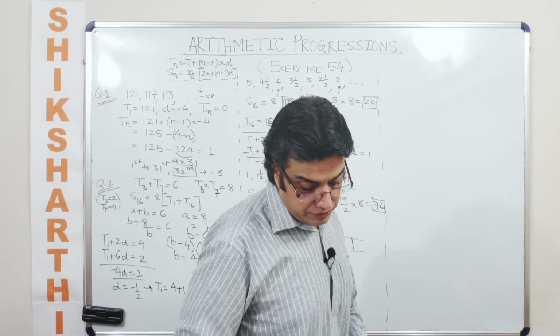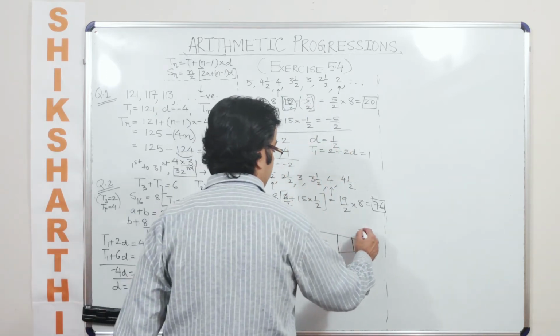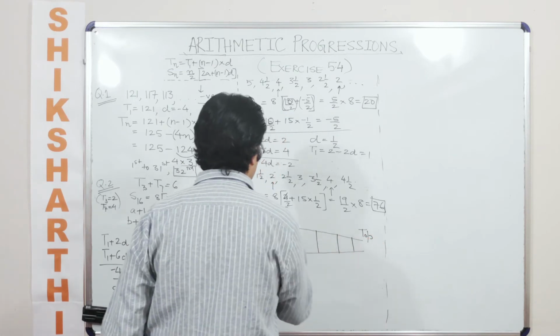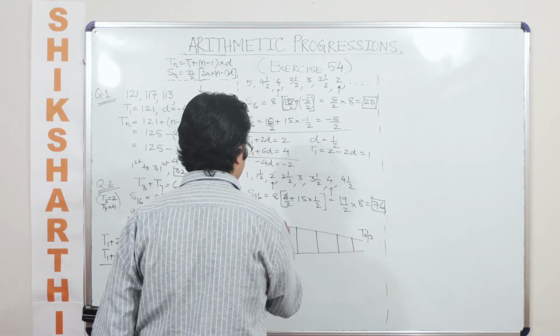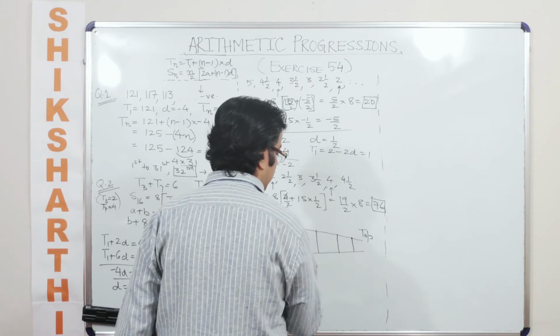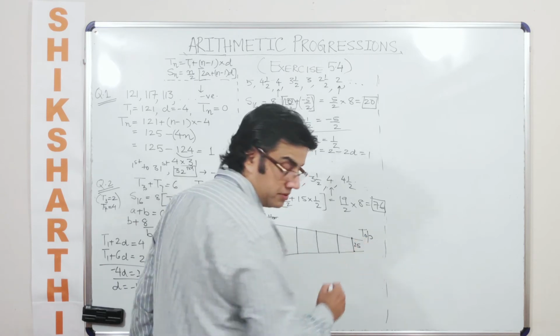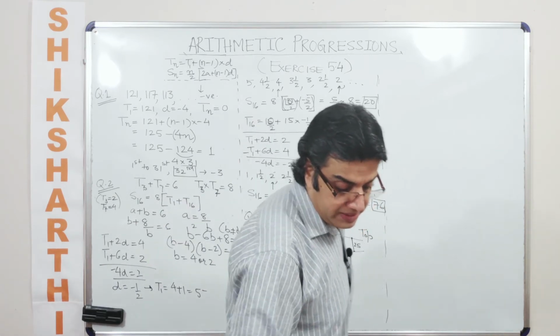The rungs decrease uniformly from the bottom to the top. So let's take this as the top side, and let's take this as the bottom side. So here the rungs are 25 centimeter apart.